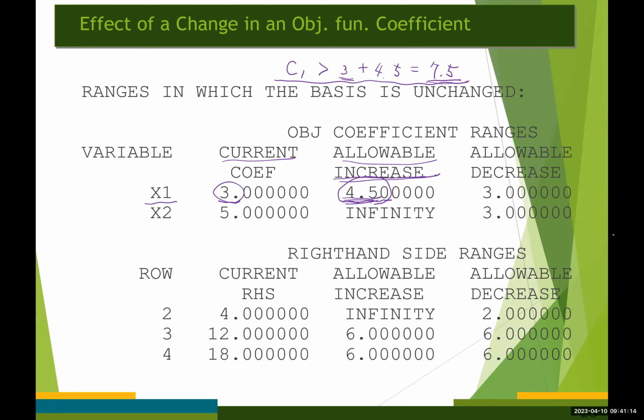Okay, now let's see how to get this allowable decrease limit of 3 for the x1 variable.